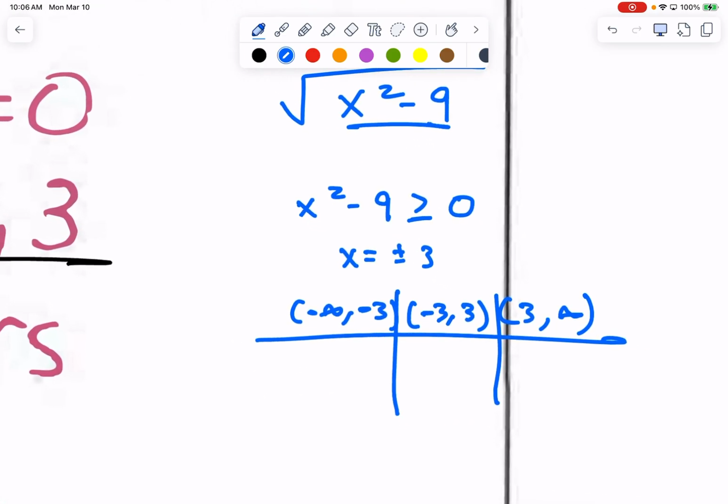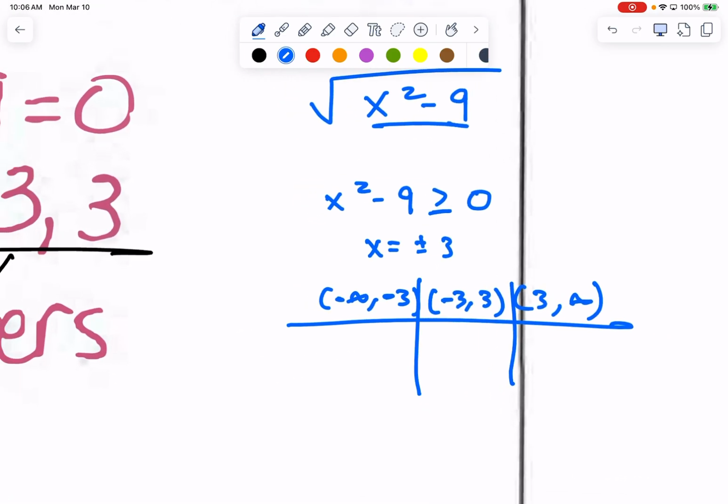So then, hold on, listen, so I can tell you which ones to cross out. So you have to check the domain always. And that's actually going to be one of the points on your assignment, that you're always going to check the domain first. So the domain here is you cannot take the square root of a negative. So I just take x squared minus 9 and say it's greater than or equal to 0. So I get my zeros because I'm going to do a sign analysis. So figure out where it equals 0, plus or minus 3. And then I do test values.